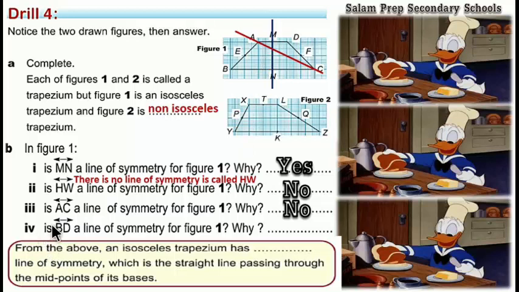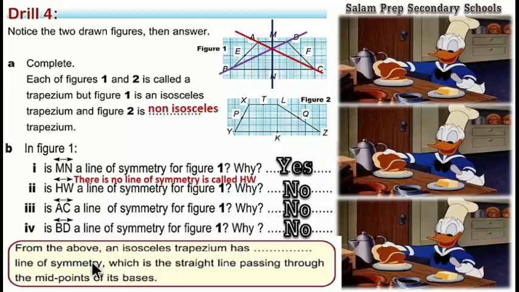Is straight line BD a line of symmetry for figure 1? Why? Straight line BD is not a line of symmetry for figure 1 because these two parts are not congruent.